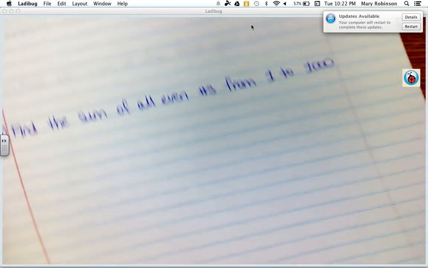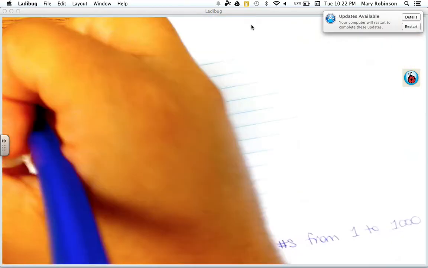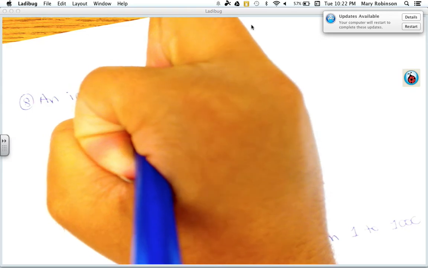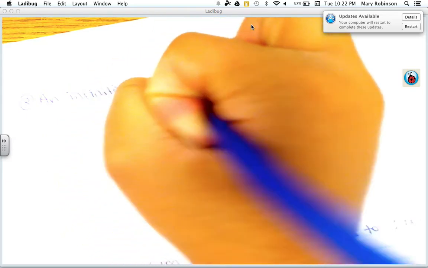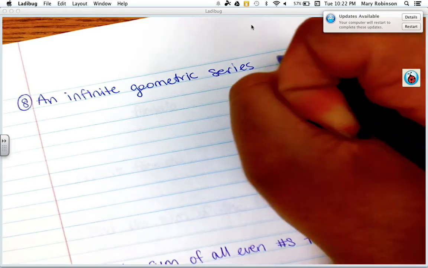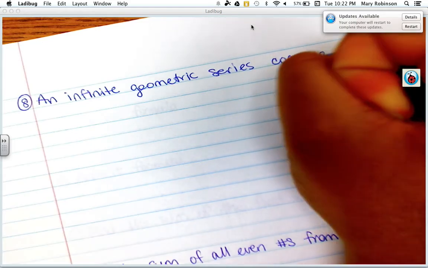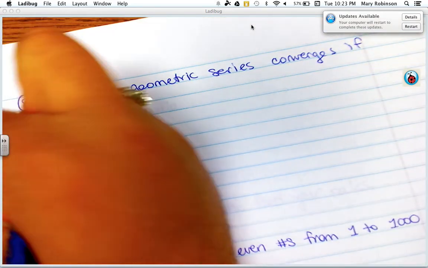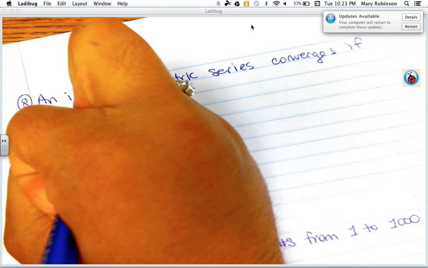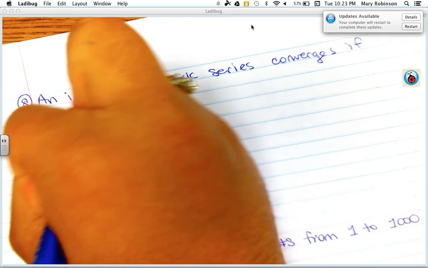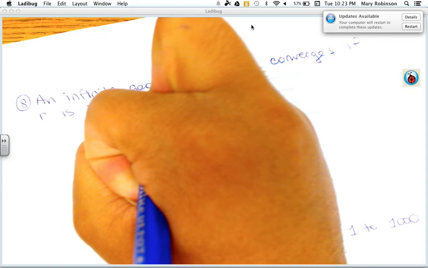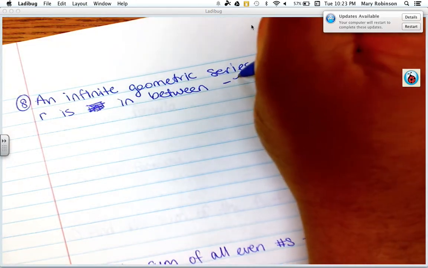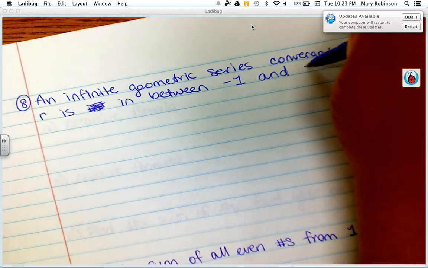An infinite geometric series converges if r is in between negative 1 and positive 1.